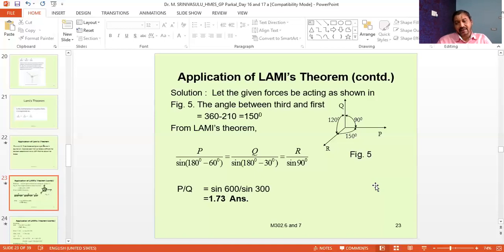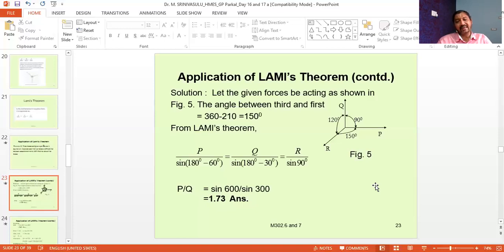So according to Lami's theorem, the force P by sine of the angle between the other two forces, that is Q and R, that is P by sine 120, is equal to Q by sine of the angle between P and R, that is sine 150, is equal to R by sine of the angle between P and Q, that is sine 90.